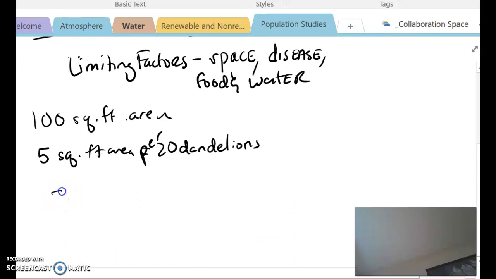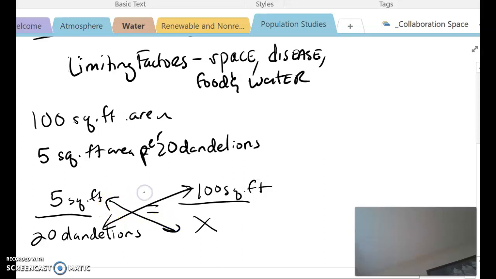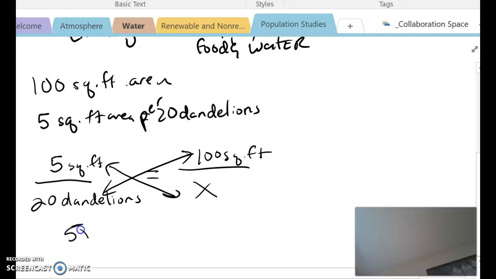So what I can do is I can go 5 divided by 20 dandelions. Keep your units, because you always want to make sure your units are the top over there. It's over 100 square feet. Notice my units are on the same area. Cross multiply to solve for x. 5x equals 20 times 100 is 2,000. 5 divide 5.